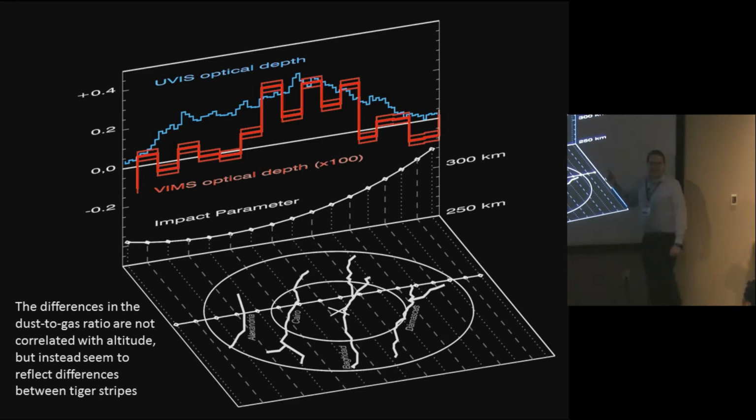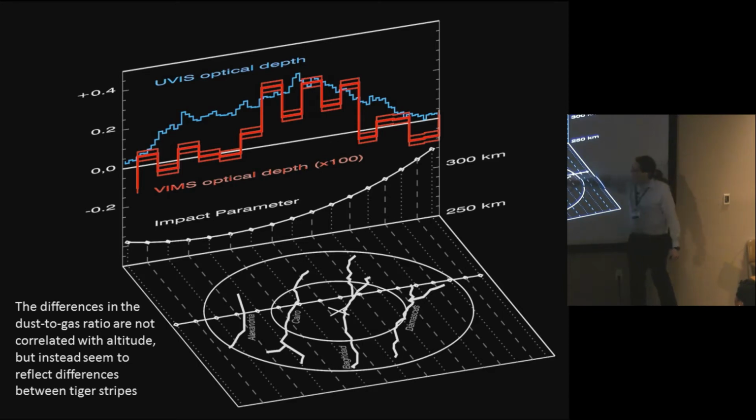This puts those data in context. Got the same profiles up there, and down here we have a map of the South Polar terrain. You can see all of our favorite friends, Alexandria, Cairo, Baghdad, Damascus. These gray lines indicate where the line of sight was going over the surface, just a projection.